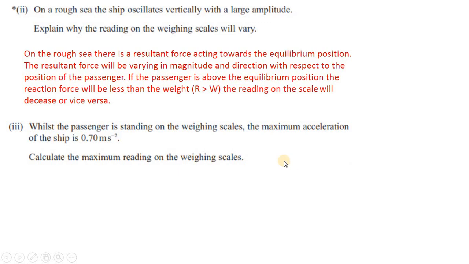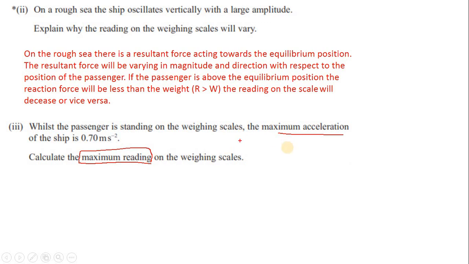Whilst the passenger is standing on the weighing scale, the maximum acceleration of the ship is 0.7 meters per second squared. Calculate the maximum reading on the weighing scale. So they are talking about maximum acceleration and asking to calculate the maximum reading.